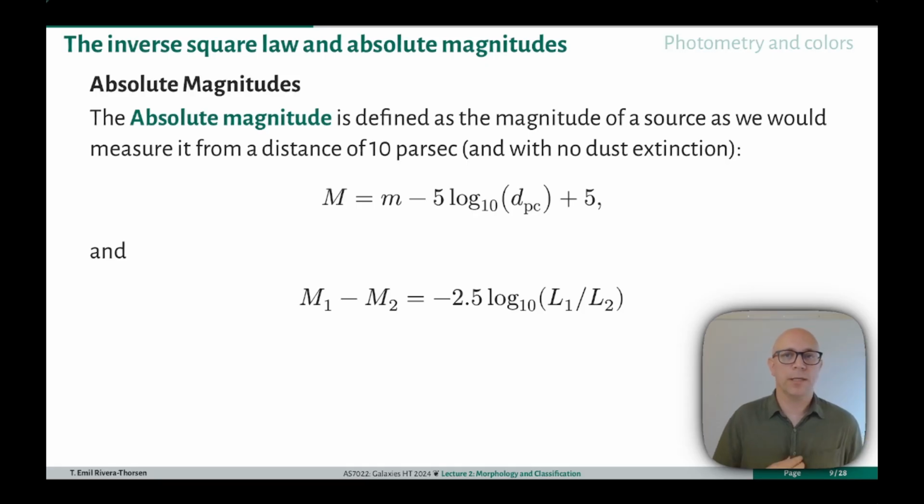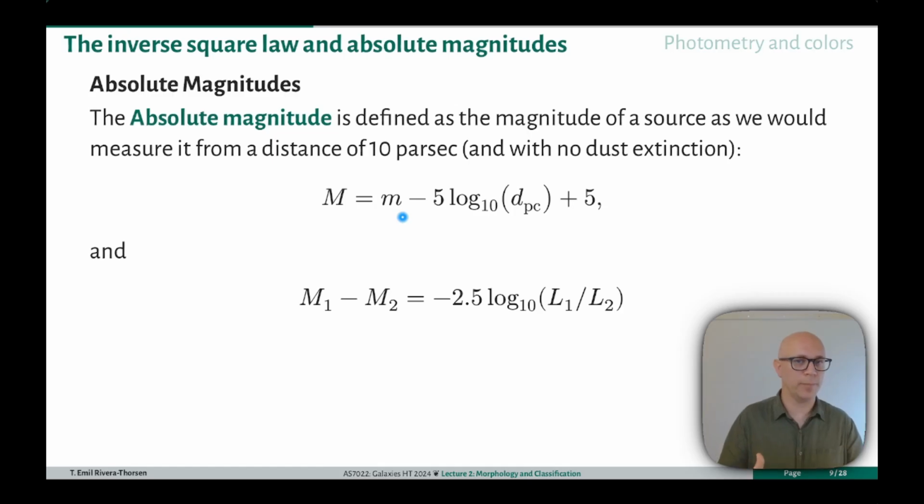The absolute magnitude of an object is defined as the magnitude of a source as we would see it if we were measuring it from a distance of 10 parsec. So when we measure magnitudes as we saw them before, denoted by a little m, this is what we call the apparent magnitude. That is basically the magnitude as we measure it independently of how far the object is away.